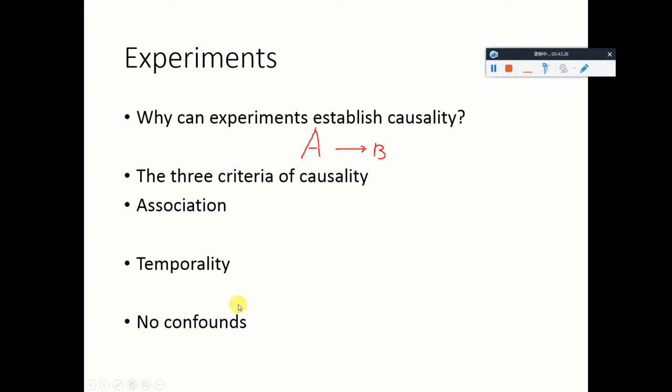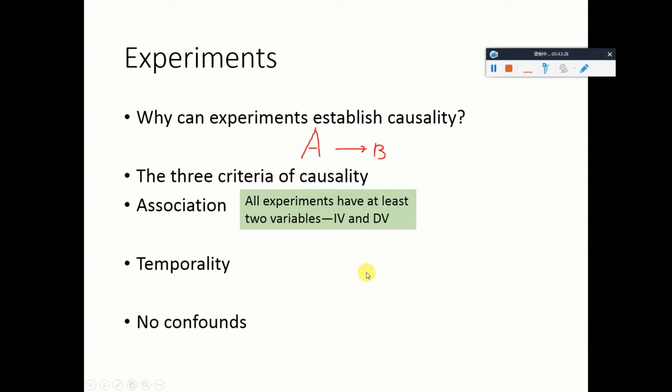How is that so? Well, first of all, experiments can of course establish association because, as we just said, an experiment needs at least two variables, an independent variable and a dependent variable. And with two variables, we can easily establish correlation. Okay?